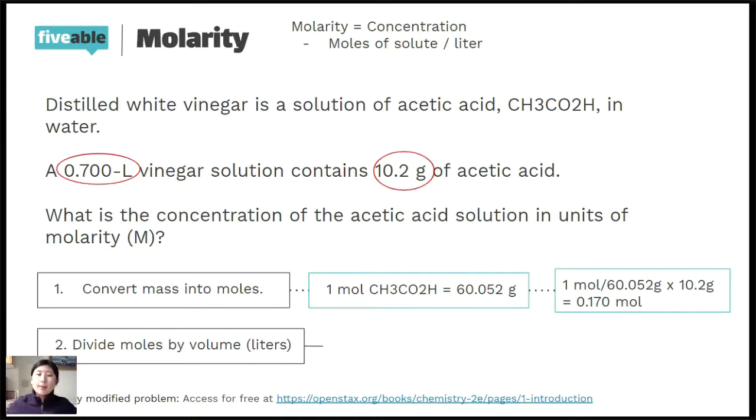Oh, and one other thing about LDF that I didn't mention before: on the AP Chem exam, when they ask you to explain why one molecule has a bigger LDF than another molecule, do not use molecular mass to explain. You have to talk about the surface area.